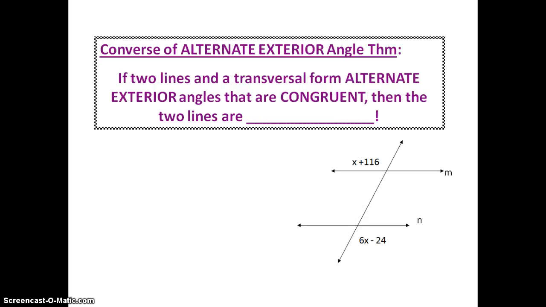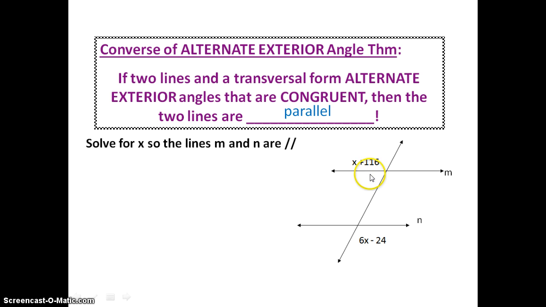Now we're finding the converse of the alternate exterior angle theorem. If two lines and a transversal form alternate exterior angles that are congruent, then the two lines are parallel. This time I want you to solve for x so that lines M and N are parallel.